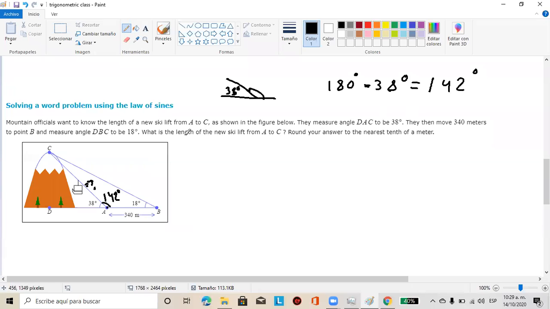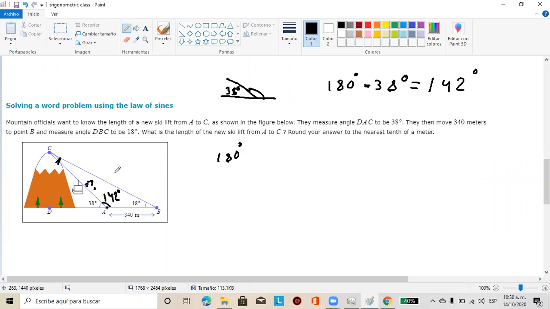So now we can find this other angle, right? Because we have this measure. How do we find this angle, Carlos? Remember that the measure of all the inner angles adds up to 180.